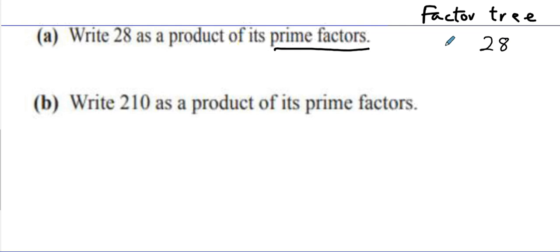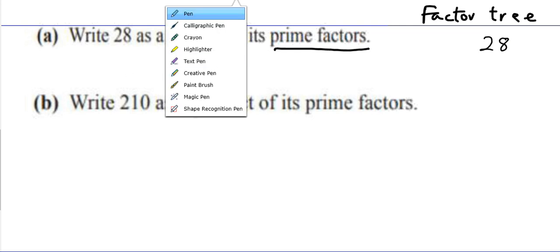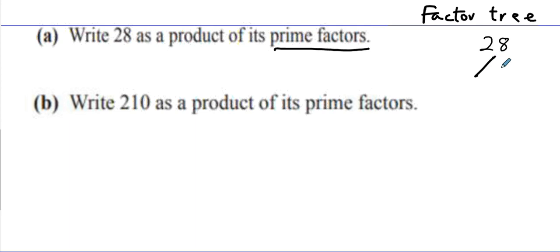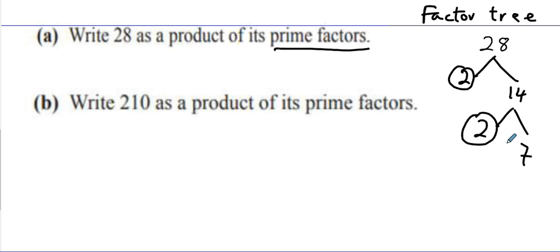Write 28, put the number over there, and then start building the factor tree from 2. 28 divided by 2 is possible, so this is 14, divided by 2, this is 7. You cannot factorize further from here because all these numbers are prime numbers.